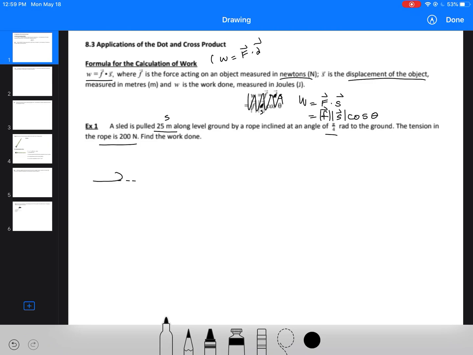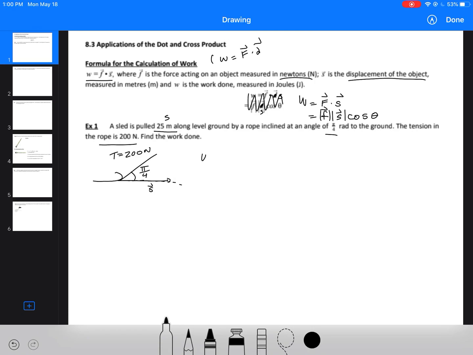So I've got a sled being pulled along level ground by a rope. My tension is 200 newtons. My angle is pi/4. And this down here really represents the direction of my displacement.